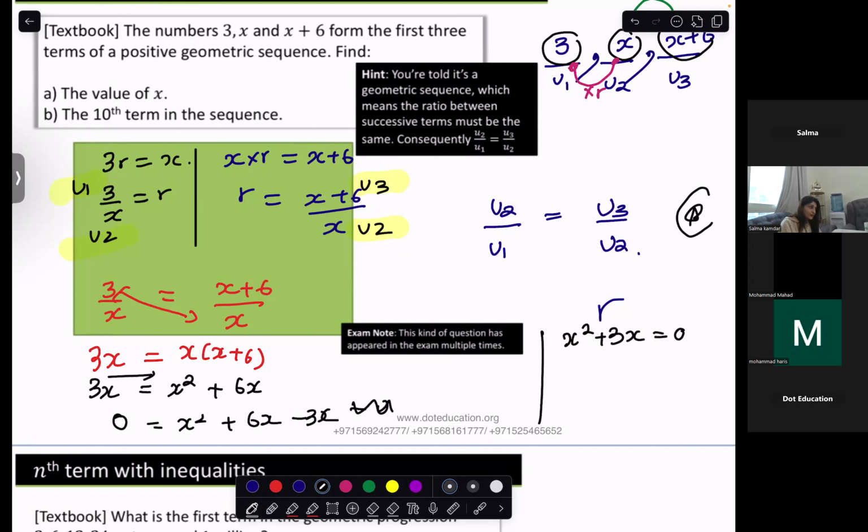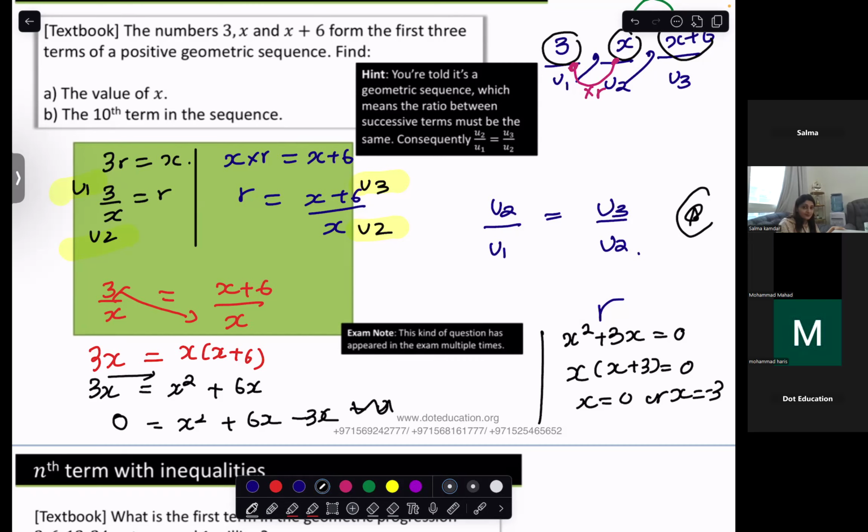Okay, so x plus 3 is equal to 0. So I would say x is equal to 0 or x is equal to minus 3. I'm doing some mistake.